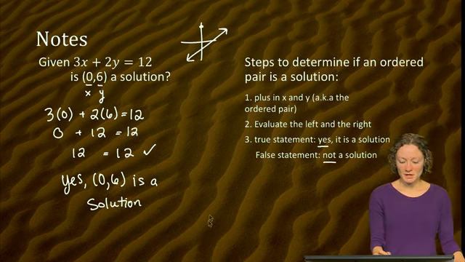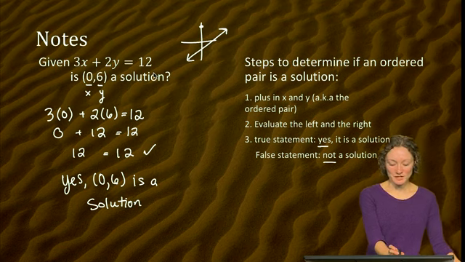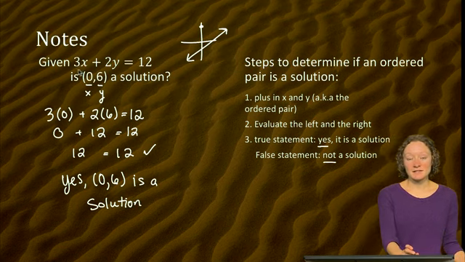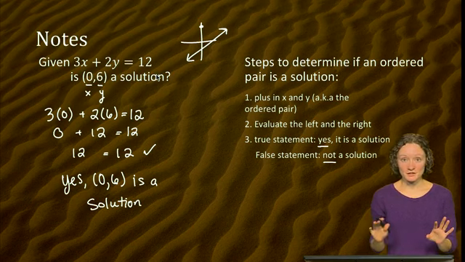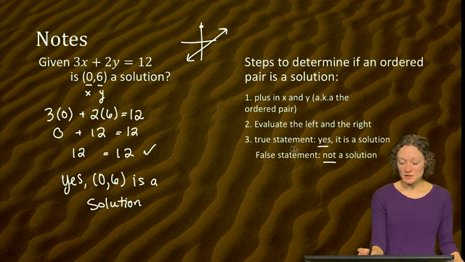Now in this example, we were looking for everything to work itself out to be 12 because that's what the equation was equal to. But it might be the case that one of the variables is on the other side, and so we would need to evaluate independently. So that's why this third step doesn't necessarily say is it equal to 12 or equal to whatever number you have.